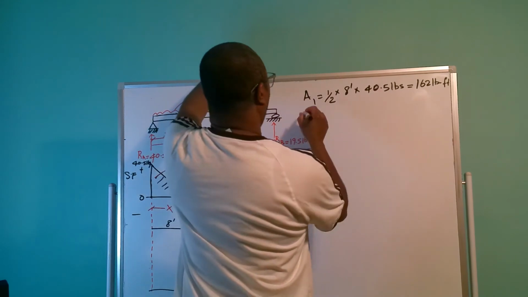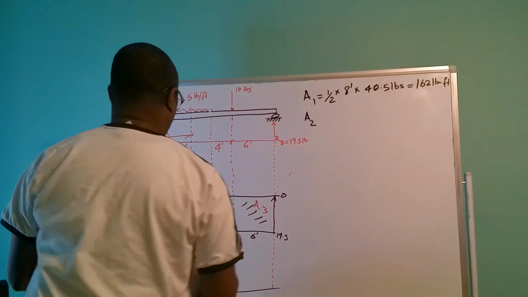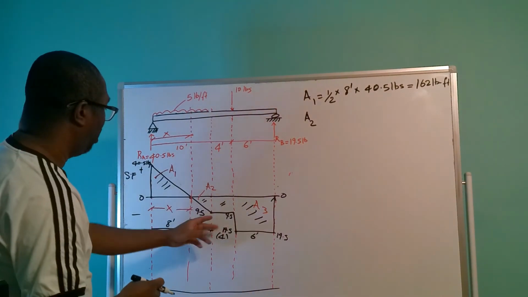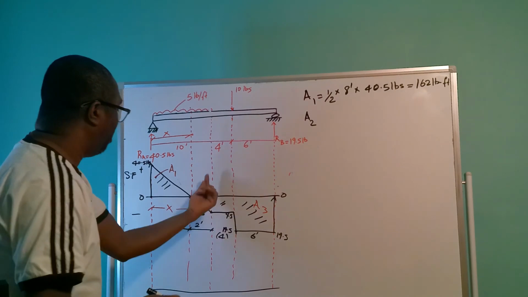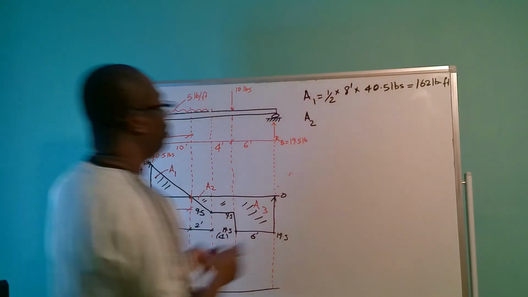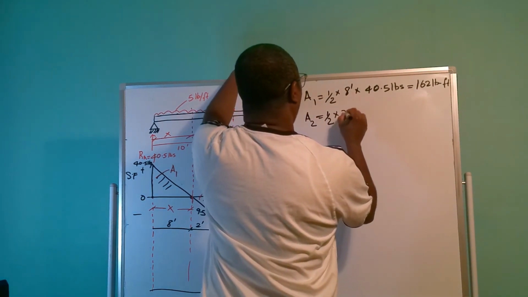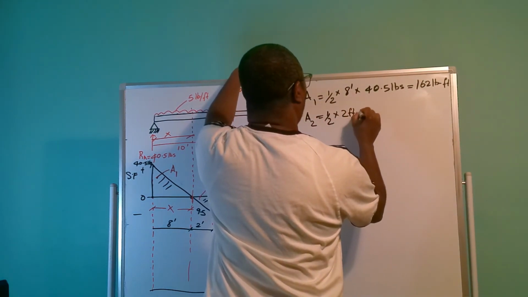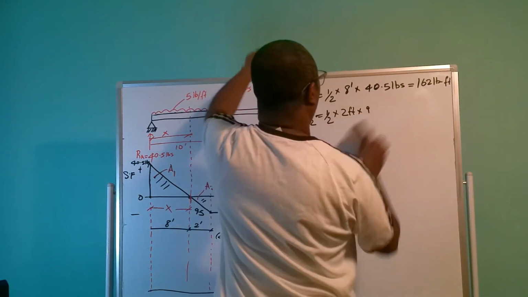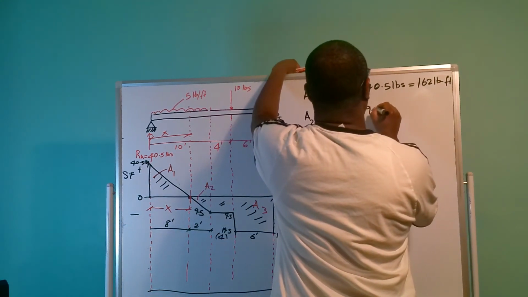Now, area 2 is still a right angle triangle. So it goes up 9.5 and the base is going to be 2 feet. So it's going to be a half times 2 feet times 9.5 pounds.